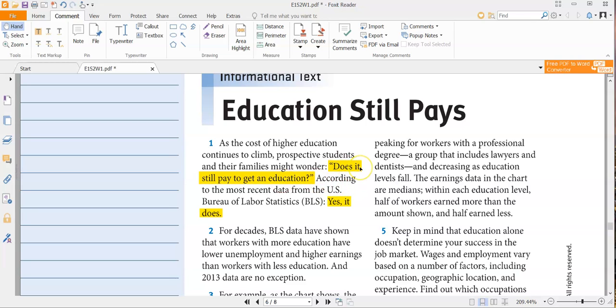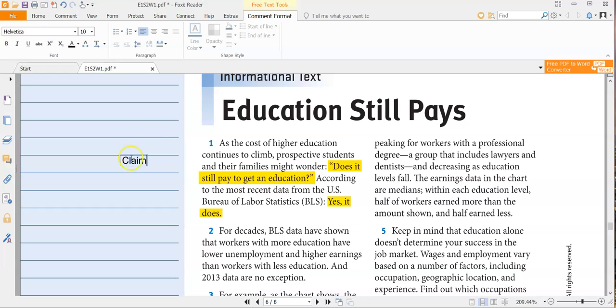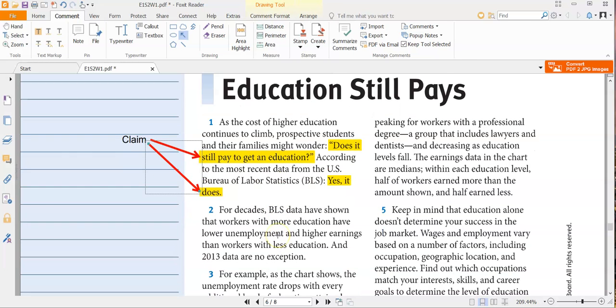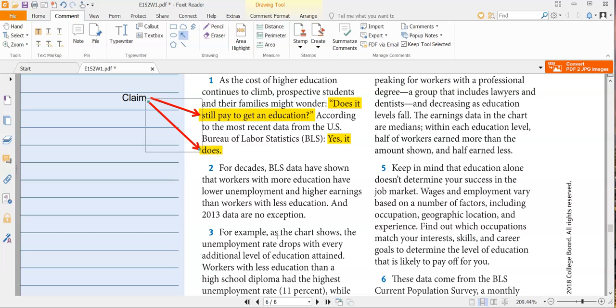So that already tells me what the claim of the article is going to be about. I have an idea about what it is I'm going to read. I'm going to write claim over here just so that you guys know. I'm going to draw a little arrow here and maybe another one to go to this bottom part. All right, so I'm going to read the second paragraph and then you're on your own.